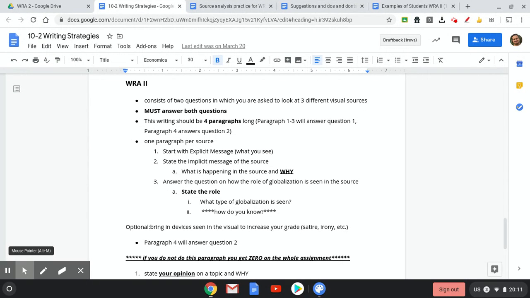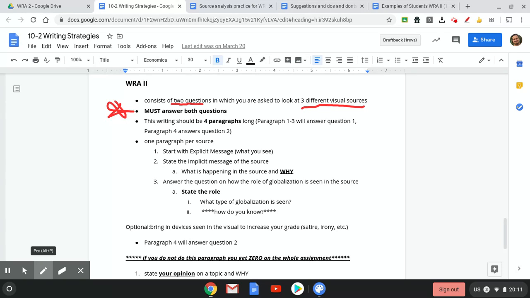WRA2 consists of two questions in which you're asked to look at three different visual sources. I want you to be going along and underlining some of these things. Two questions, three different sources. This is a big star here. You must answer both questions.